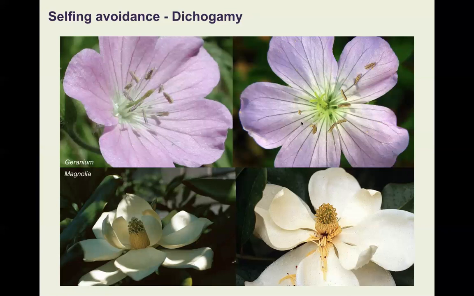Another contrast down here at the bottom has a different version, which is, we saw up here, male first. This one is female first. So this magnolia flower has, up here, these styles and stigmas ready to receive pollen before it's releasing any of its own pollen. So this is maybe a little cleaner version.